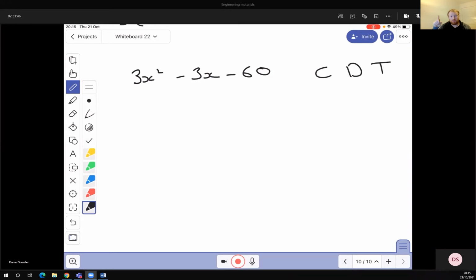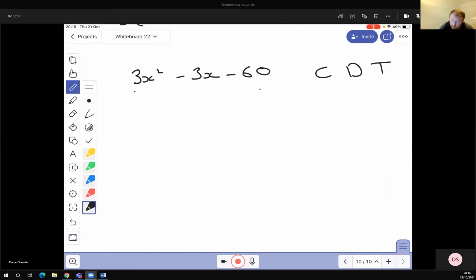If you looked at that and thought it's a trinomial in the format that I know, and tried to find all the factors of 3 times 60, you're going to be there a long time. That's why it's really important you do this CDT process. We've been working all night on multiplying the A term and the C term, but if you went straight for that option, you'd be there a very, very long time.